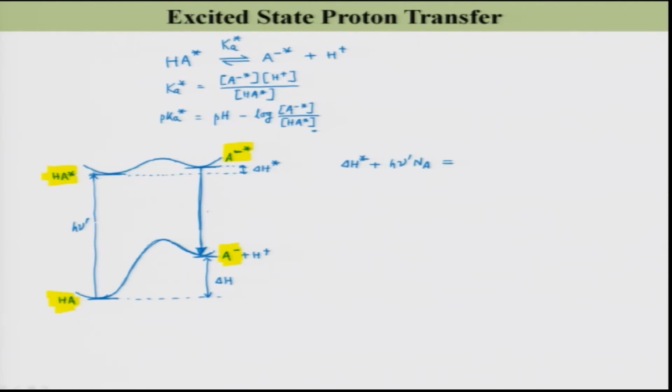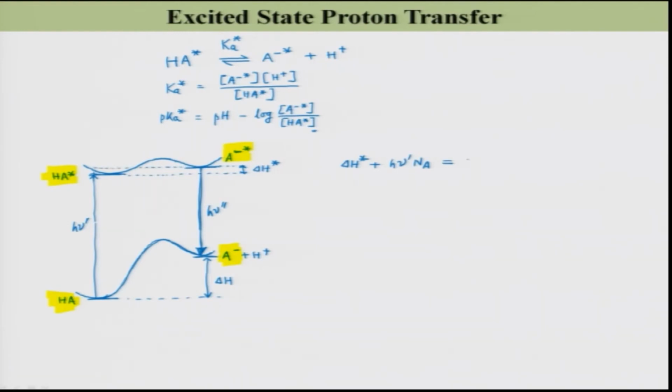if this emission is h nu double prime, then Avogadro number times h nu double prime, that is from energy from here to here plus here to here, this is equal to here to here plus here to here. So, to make it more understandable, let me draw this line also, right.